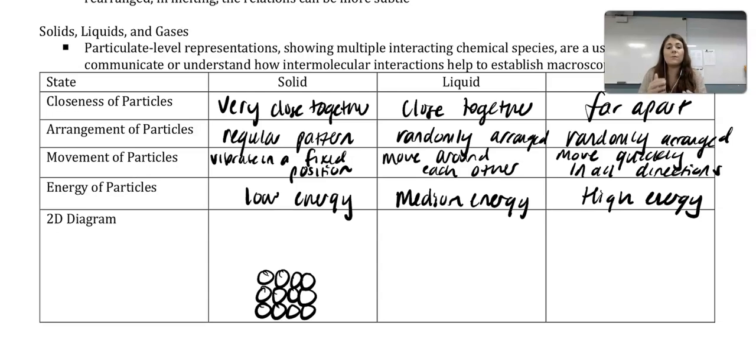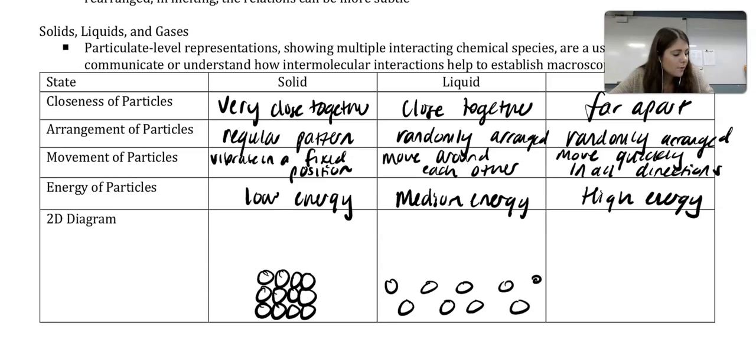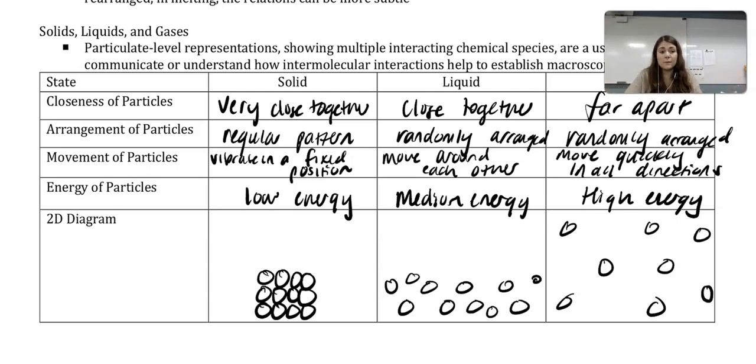AP is going to be looking for things like this. A liquid, they're still relatively close together. I'm trying to show like a randomly arranged pattern. But I showed it at the very bottom of the box. And then when it comes to the gases, I'm going to show them taking up the entire box, okay? Because we don't know where gases are going to go, okay?